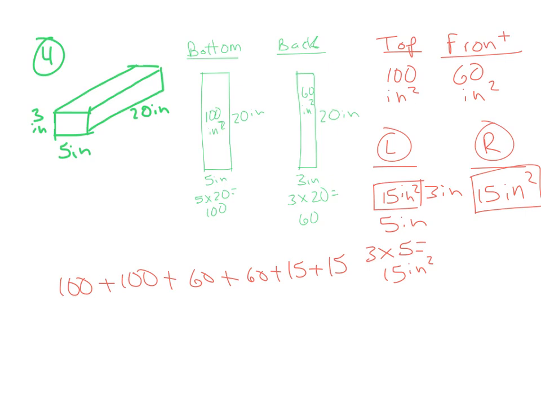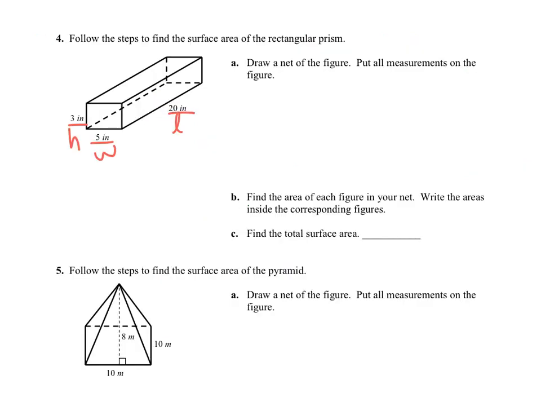When you add up all those numbers together, you should get a grand total of 350 inches squared for the total surface area of this rectangular prism. All right, let's jump on to number 5. So before I forget, for number 4, the total surface area that we found was 350 inches squared.